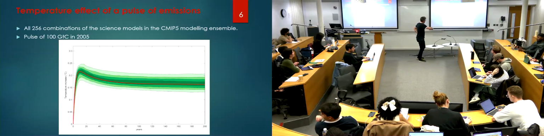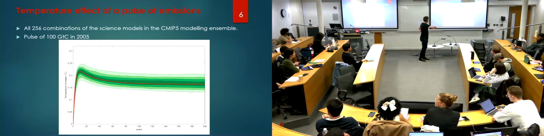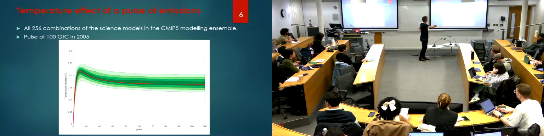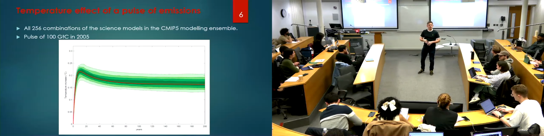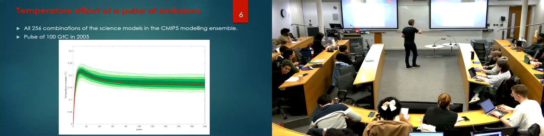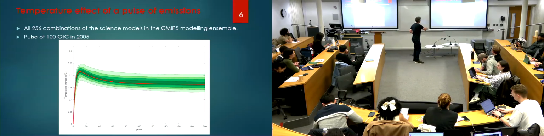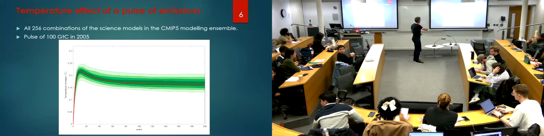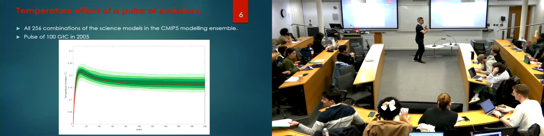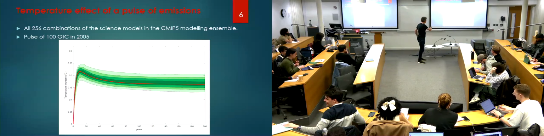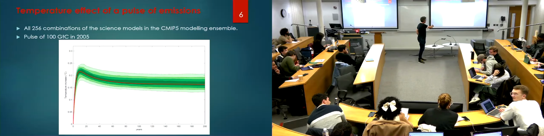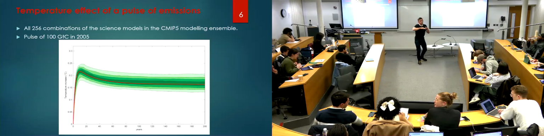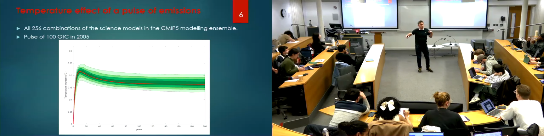It's time, and it's the impact on temperature of a pulse of emission. A large pulse, but that actually doesn't matter. It gives you a rapid increase. If I emit today, I see within 10 years a rapid effect on temperature, it peaks at year 10, and then it's constant over time for more or less 100,000 years.